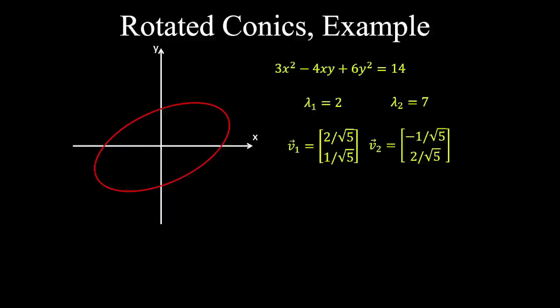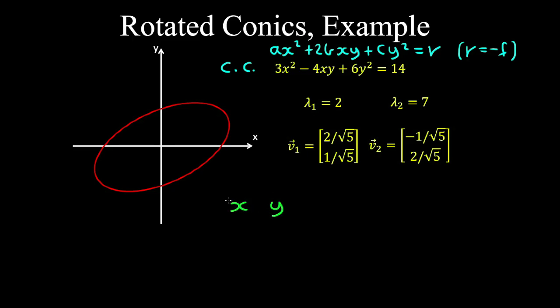Suppose we have this quadratic form and we know it's a central conic, being in the form ax squared plus 2bxy plus cy squared is equal to r, where r is equal to minus f. But we don't know what type of central conic it is. So what we do is write this in matrix form.